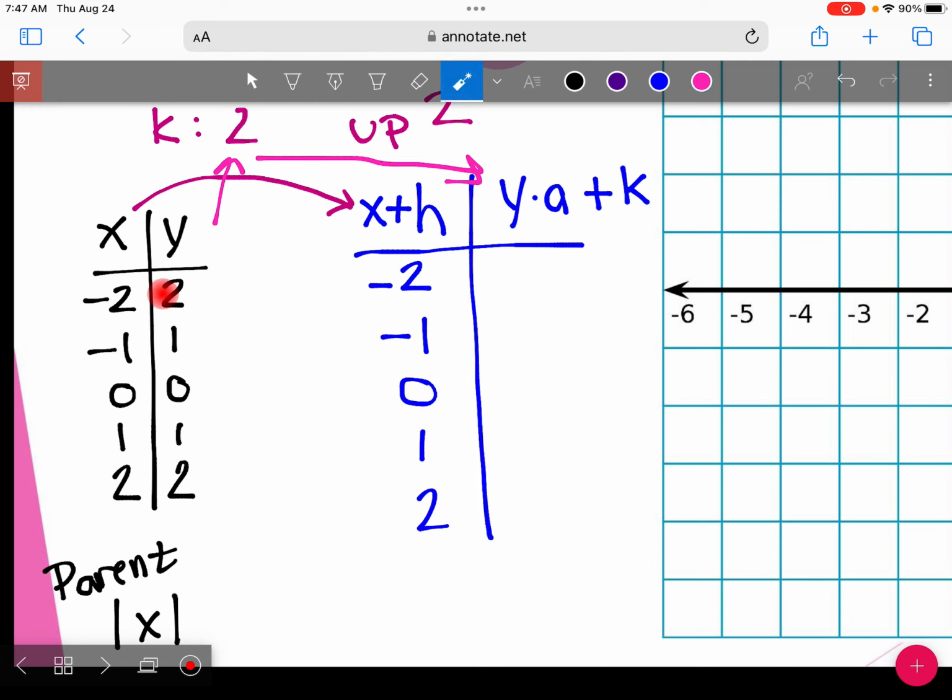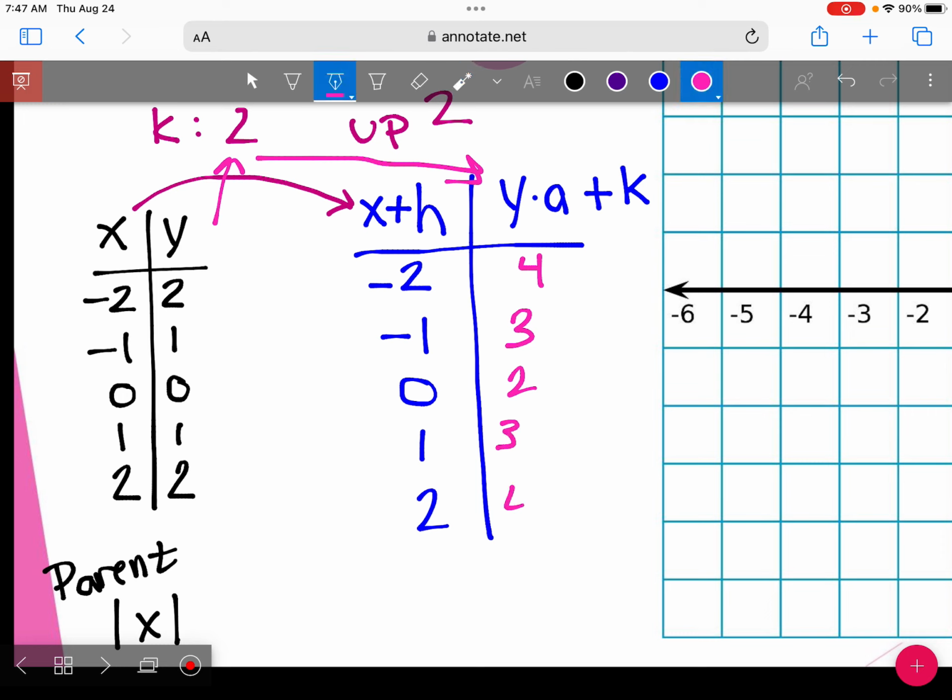So 2 plus 2 is 4. 1 plus 2 is 3. 0 plus 2 is 2. 1 plus 2 is 3.